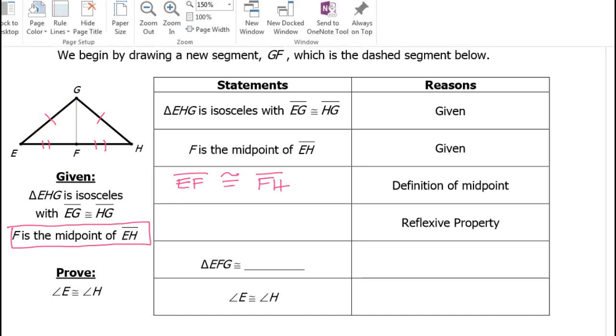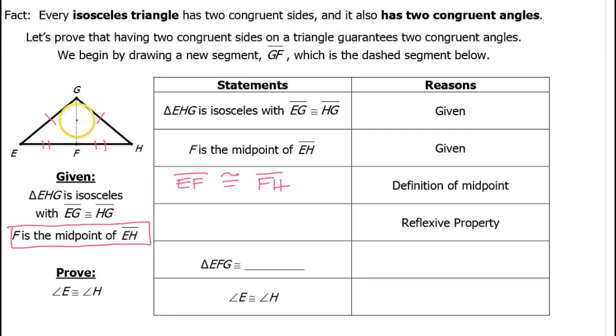So anyway, moving on. Then now we have reflexive property. So you can probably guess that I'm about to do this. Obviously, this GF is shared by both triangles. So I get to say that GF is congruent to GF. Okay, that's the reflexive property.